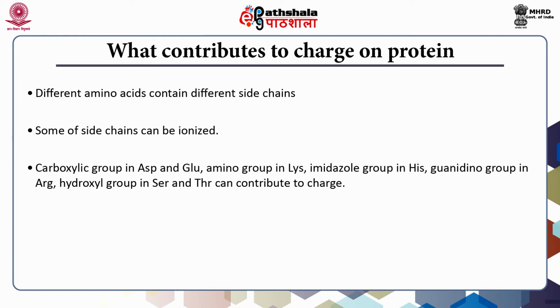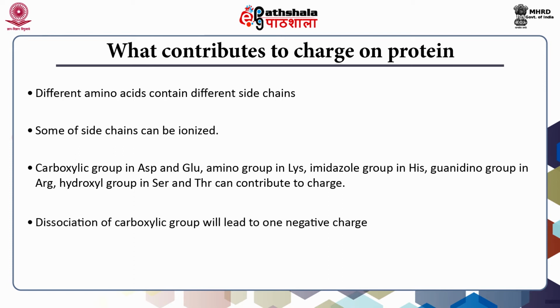Similarly, the imidazole group of histidine, the guanidino group in arginine, and the hydroxyl group in serine and threonine can contribute to charge. Thus, the pK of alpha amino, epsilon amino, alpha carboxylic, beta carboxylic, gamma carboxylic, guanidino, hydroxyl and imidazole groups, the number of these groups in the protein, and further the pH will determine the net charge on protein.